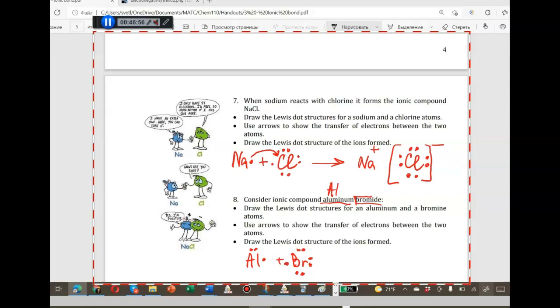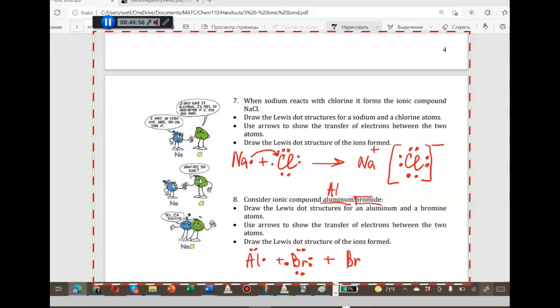You can see that aluminum has 3 valence electrons, but one atom of bromine needs only one additional electron. But aluminum can lose 3. That means that aluminum needs more bromine atoms to become happy.